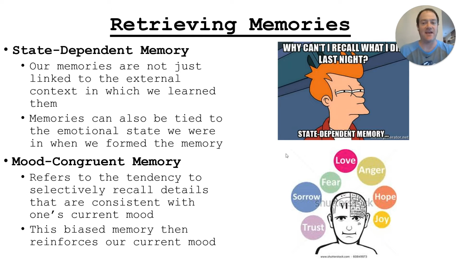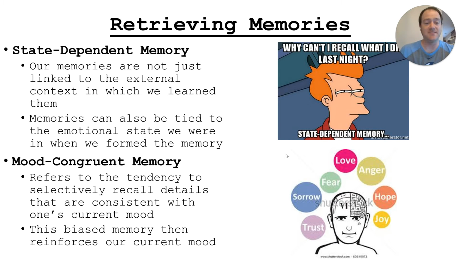On the flip side of that, you have state dependent memory, which is more like state of mind or mental state. This is more emotion. These two right here, state dependent and mood congruent, are easily confused because emotion and mood sometimes can get confused with one another.